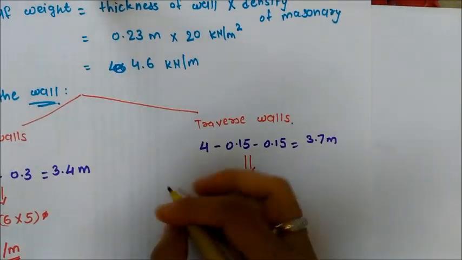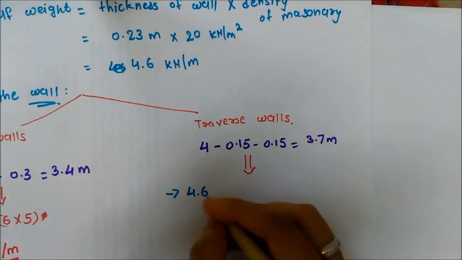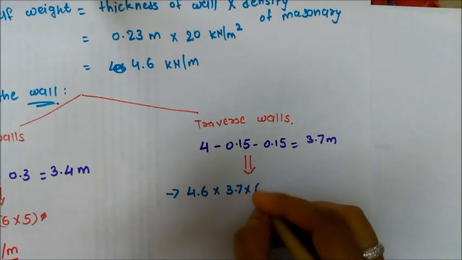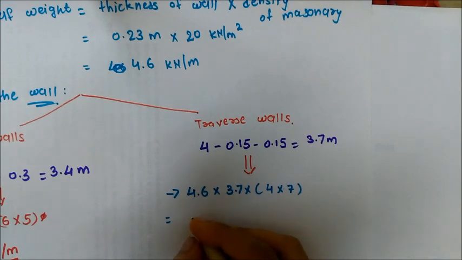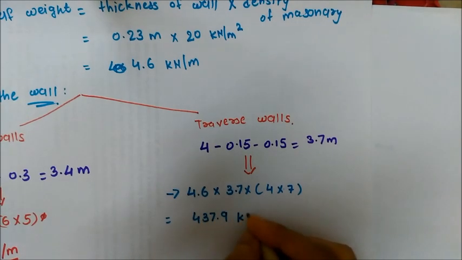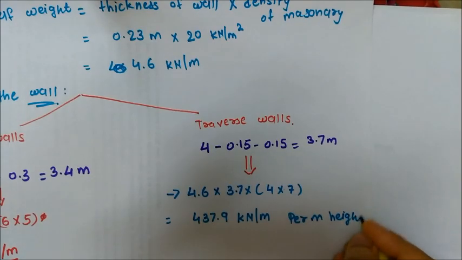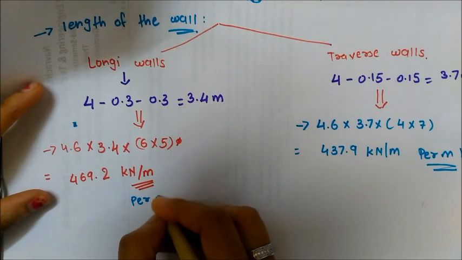Similarly, we calculate this for transverse walls, which is 4.6 self weight multiplied by 3.7 meter length, and the number of walls is 4 multiplied by 7, which is 28. The final will be 437.9 kilonewton per meter. Let me write it so that we don't forget it. Both values will be per meter height.